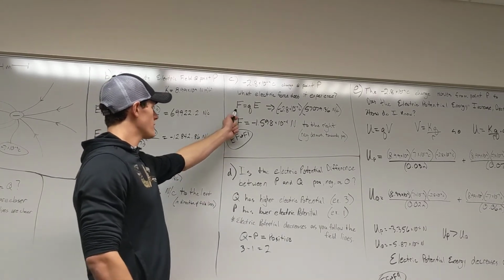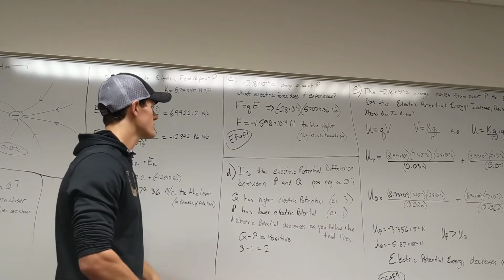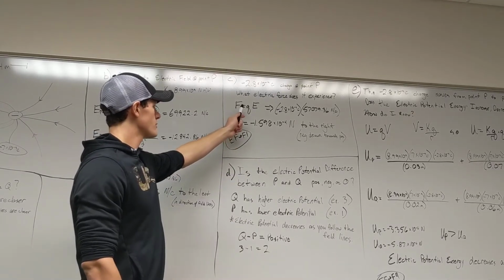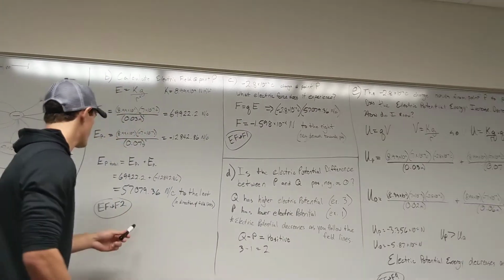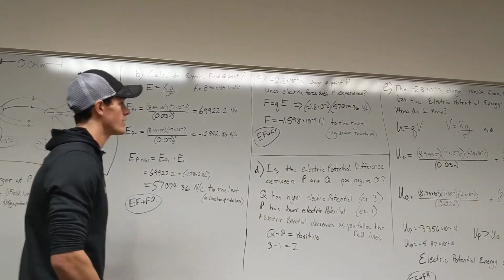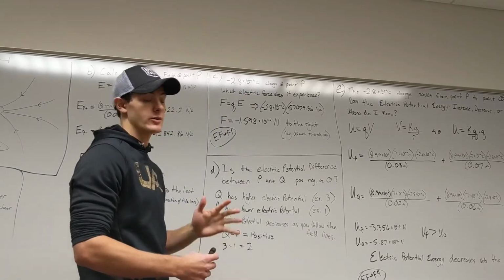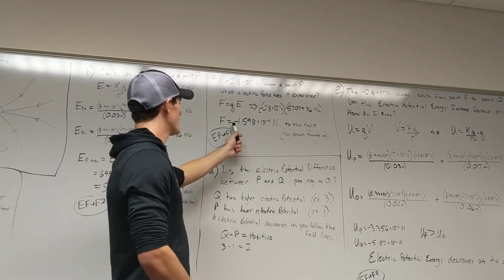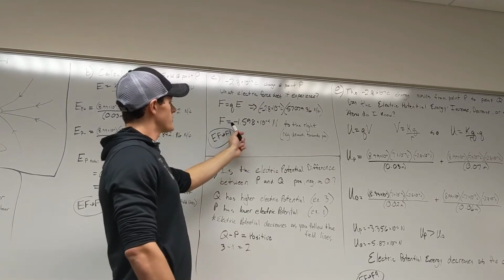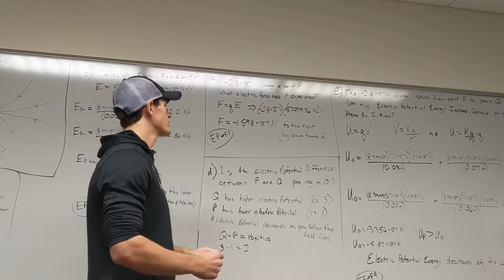We can use our electric force equation, F equals Q times E. So that's the electric force equals the charge times the electric field. We just calculated the electric field, so we know what that is. And we were given the charge value at point P. So we just plug those in, calculate them out, and we get the electric force equals negative 1.598 newtons.